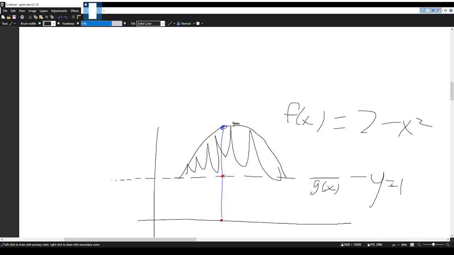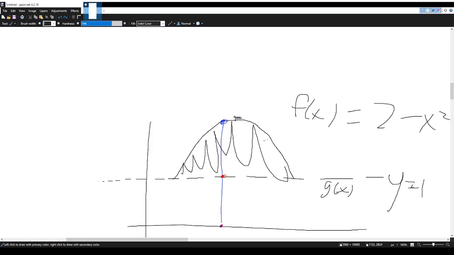Say this is 1, that's the whole value from here to here by definition. So to find this segment right here, you have to do f of x minus g of x. That's going to be your radius.